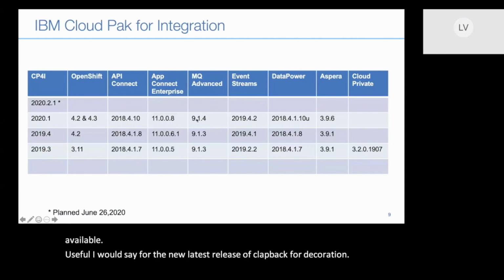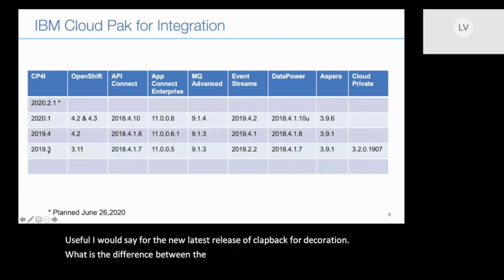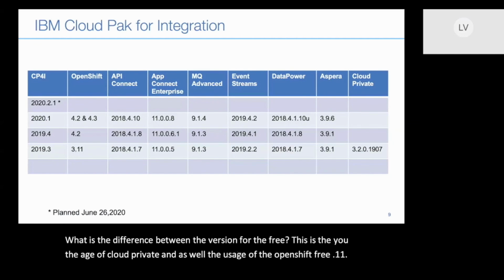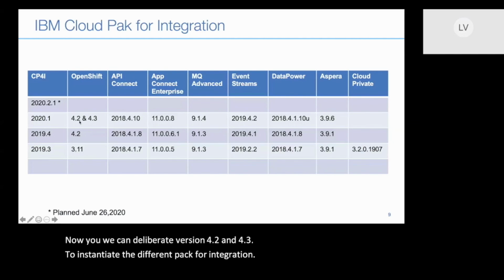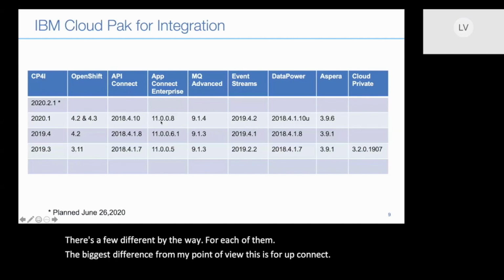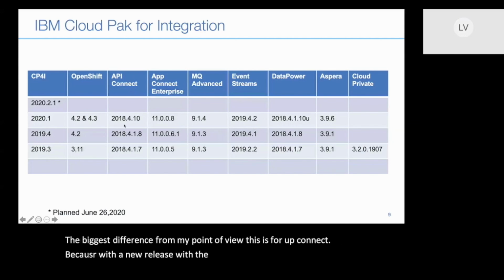What is the difference between the versions? For the .3, this is the usage of Cloud Private, and as well the usage of OpenShift 3.11. Now we can leverage the versions 4.2 and 4.3 to instantiate the different Cloud Paks for Integration. For the different components, there are a few differences for each of them. The biggest difference, from my point of view, is for App Connect. Because with the current release of Cloud Pak for Integration, I mean 2020.1, you can get the Designer with App Connect.